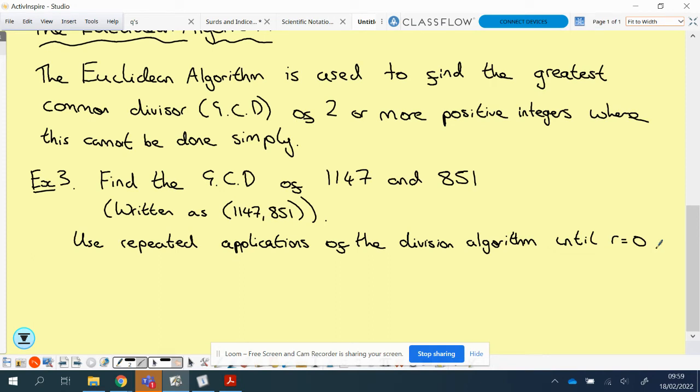Now, I'll show you an example, but then I'll state where the greatest common divisor is actually found, okay, so it's not actually your last line, but your last line proves that it stops.